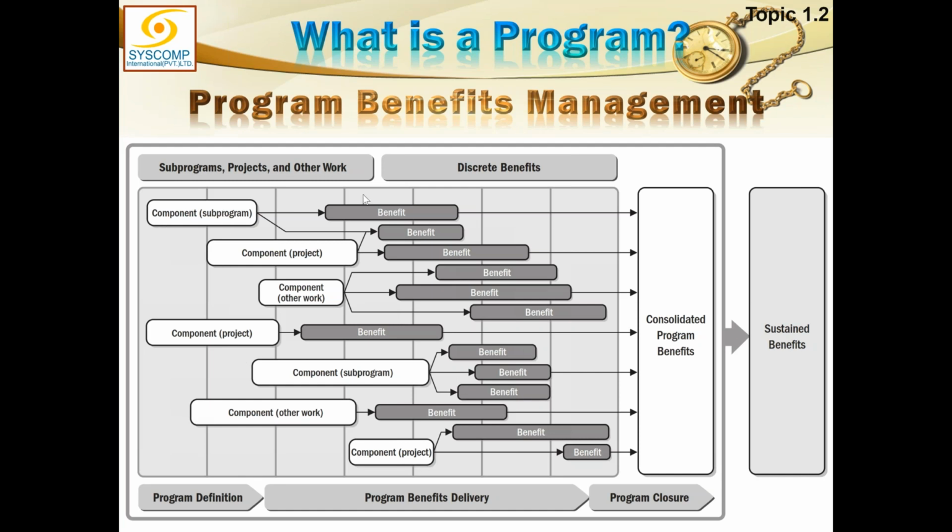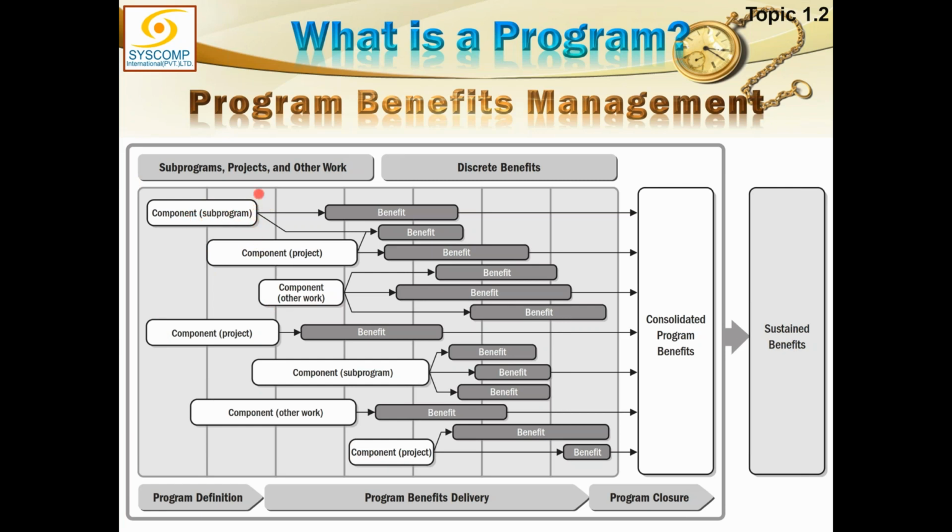Here you see on top, we have a sub program initiated here, a project initiated here, some other work initiated here, another component. So all initiations are basically happening, and some of the components are being closed. You can see the very first component on top, the subprogram.